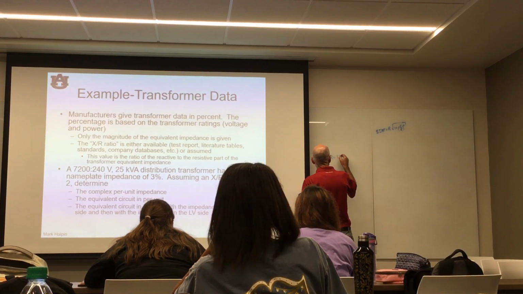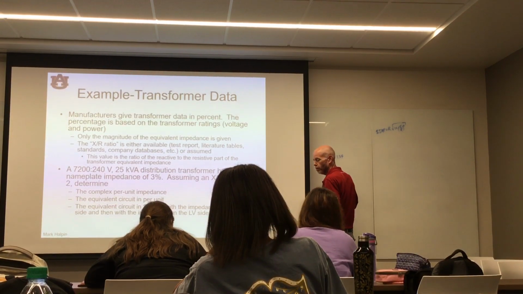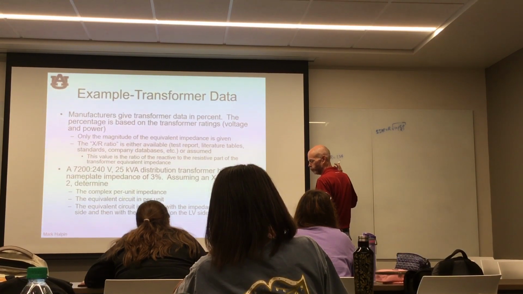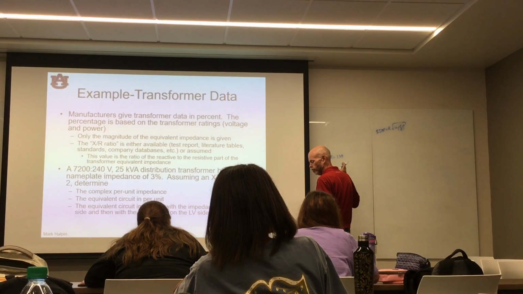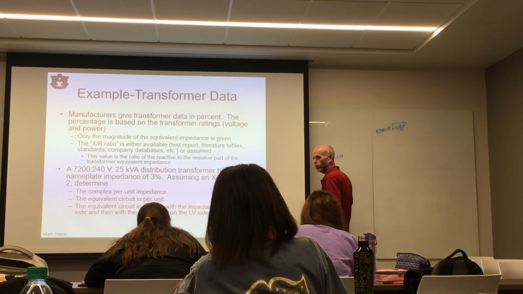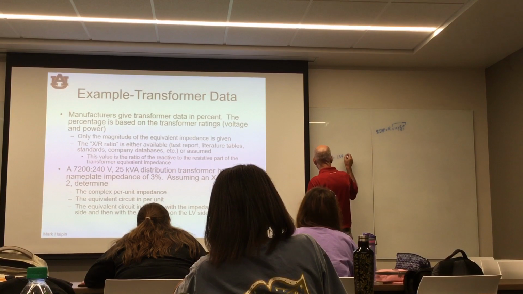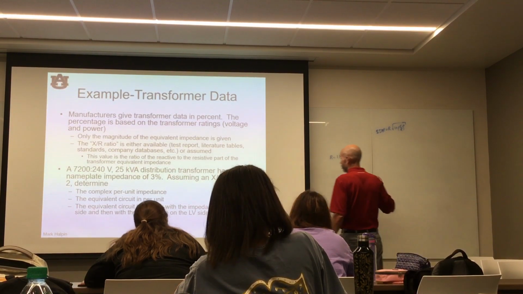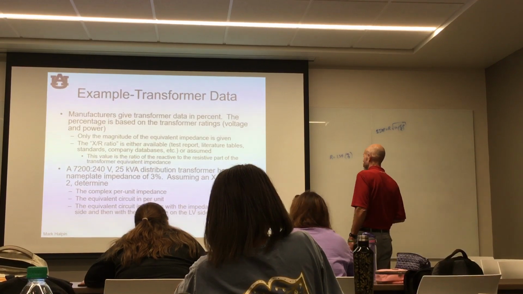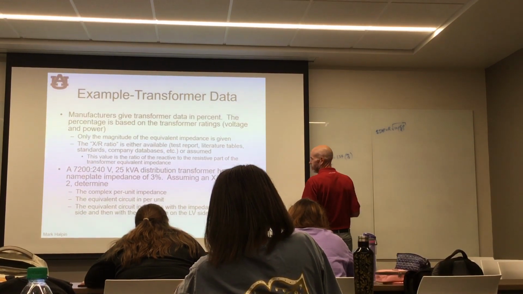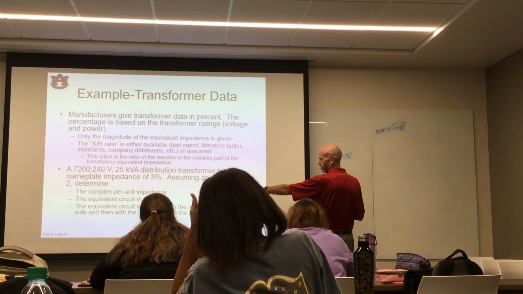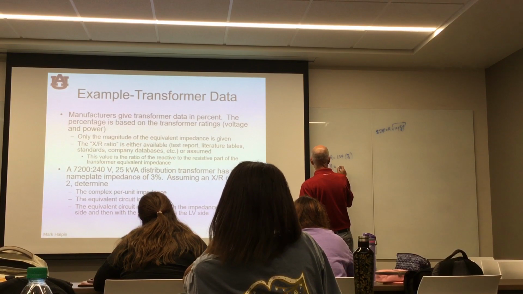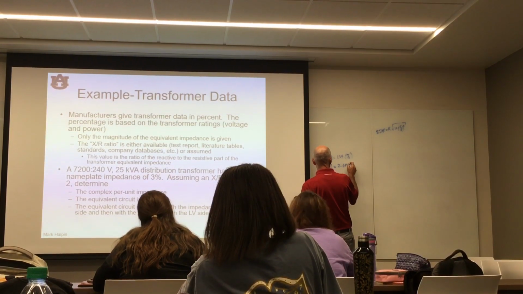All right, 1.34 what? No, 1.34, well, now I want a unit. 1.34%, right? We're still in percent. So, it might be helpful to write that now, 1.34%. Well, how do I get X? Well, X is 2 times R. So X is going to be, I can even do this in my head, 2.68%.